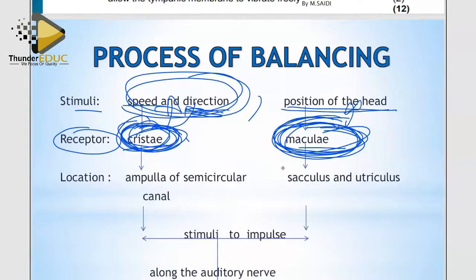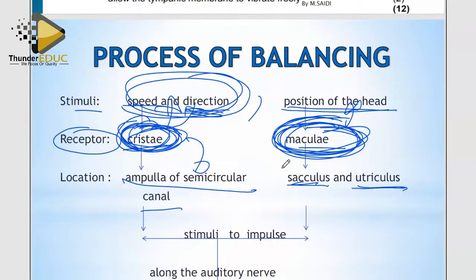Okay. Now you need to know where this cristae is found. It's found in the ampulla of the semicircular canal. There is a part called ampulla on the semicircular canal. While the maculae is found in the sacculus and the utriculus.